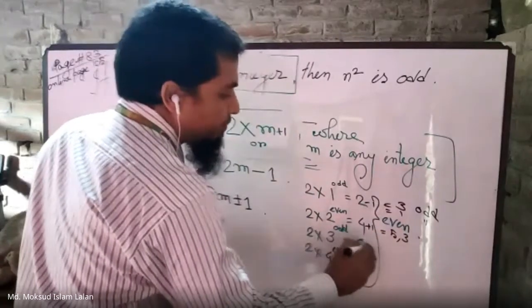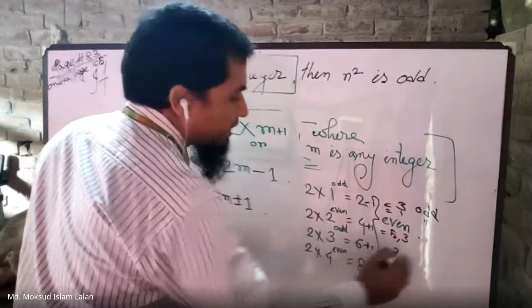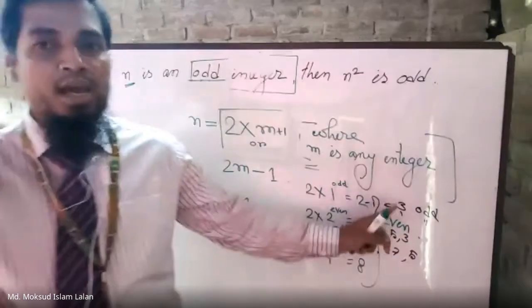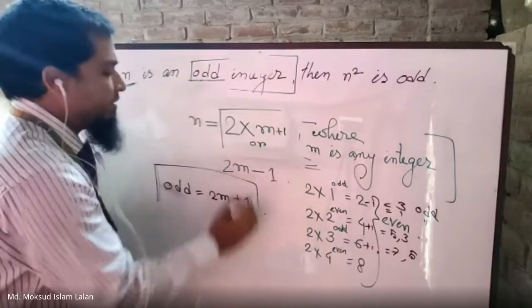For 6, if you add 1, the result is 7, if you subtract, the result is 5. So if you add or subtract 1, definitely this is the structure of an odd number. Am I right? Yes, sir.